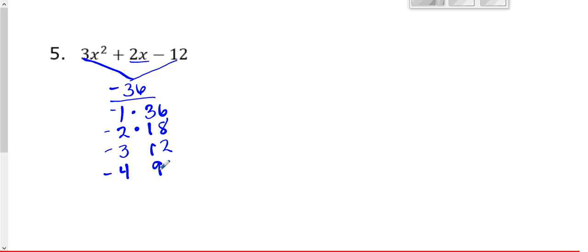And I could keep going, but hopefully you're seeing that there's no numbers, because the next one would be negative 6 and 6. There's no numbers that will give me 2, so it can't be factored. So I'm going to use my quadratic formula on this one since my coefficient is 3. And completing the square would be rather difficult with this one.